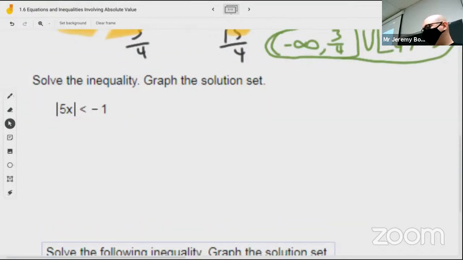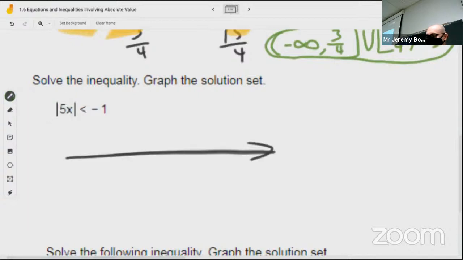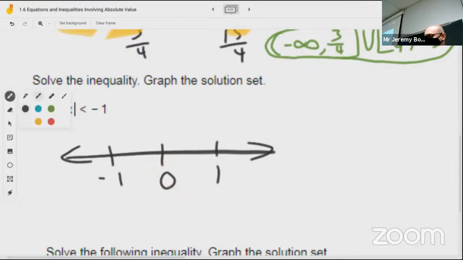So this next one, we've got the absolute value of 5x is less than -1. What do we need to do there? Well, think about it. We're saying that the distance from 0 is less than -1. But how can we have a distance that's less than a negative? So we don't even need to graph it.